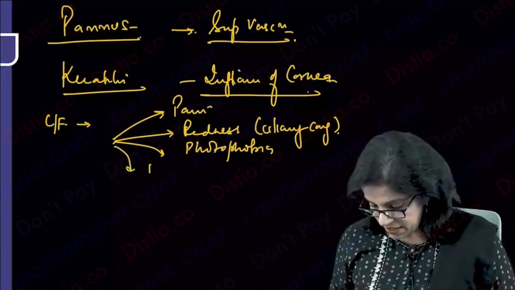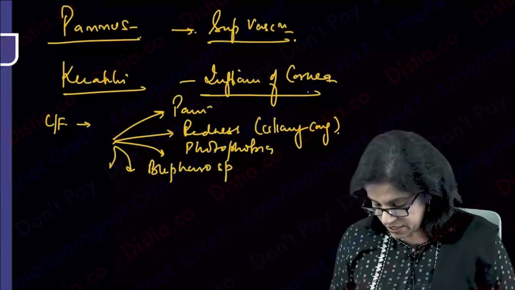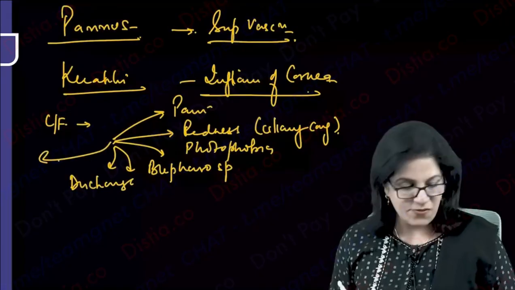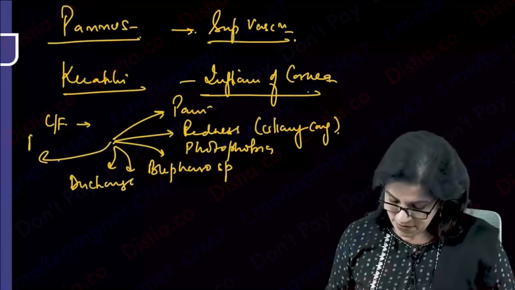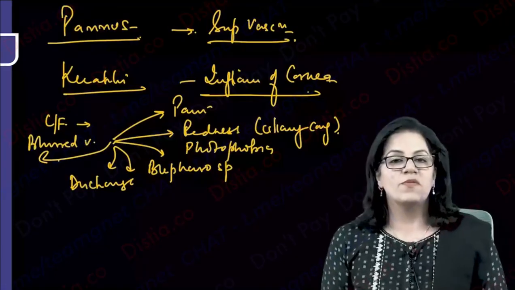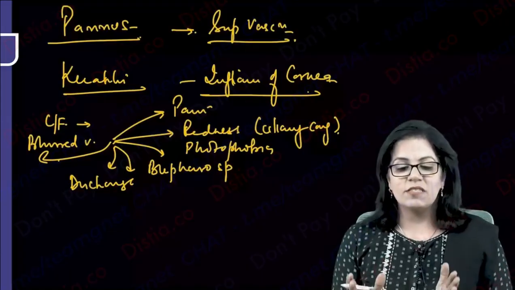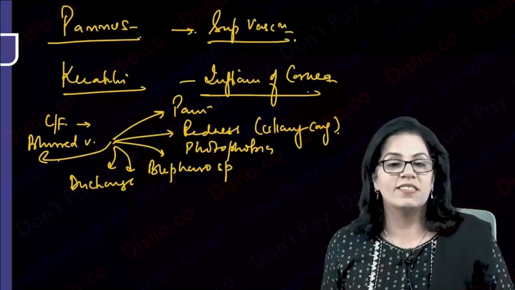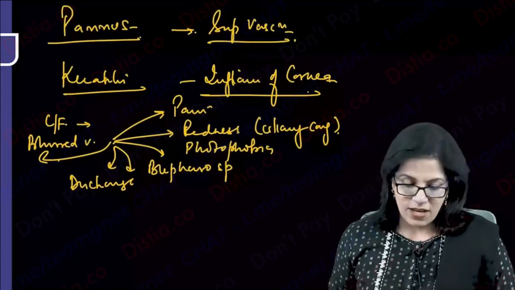Or blepharospasm, closure of eyes due to photophobia. Discharge again depends on etiology. And lastly, blurring of vision. Easy to learn. So pain, redness, photophobia, blepharospasm, discharge, blurred vision. Majority of keratitis is going to present like this, right?